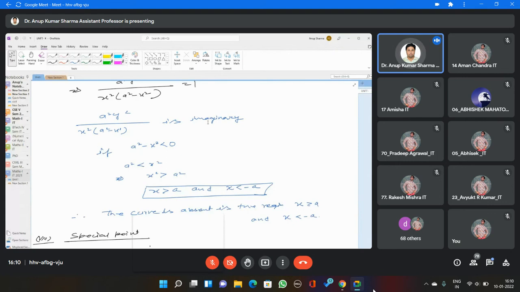No, we are searching for this part, this whole part, when it is imaginary. So a square minus x square is less than 0, when it is negative. So what becomes of it? Now we take the negative part to this side: y square x square is equal to a square minus x square.